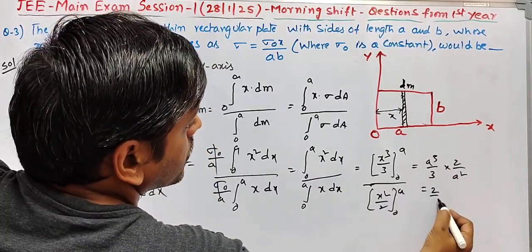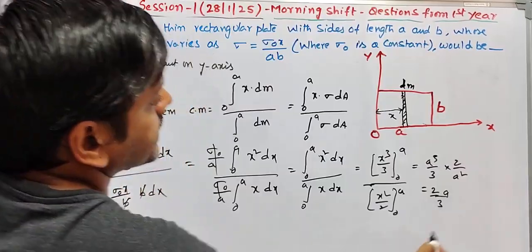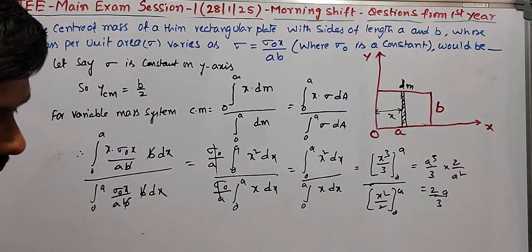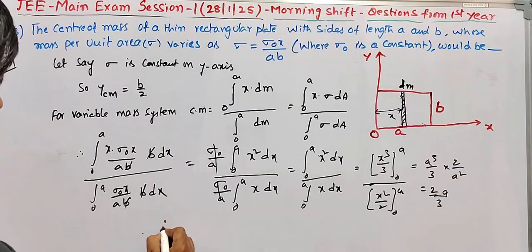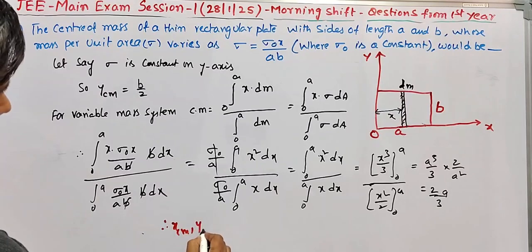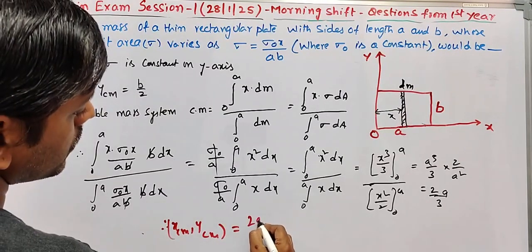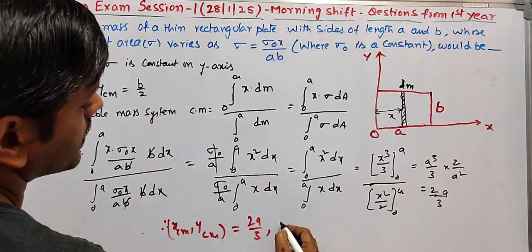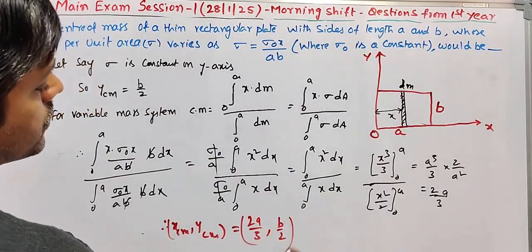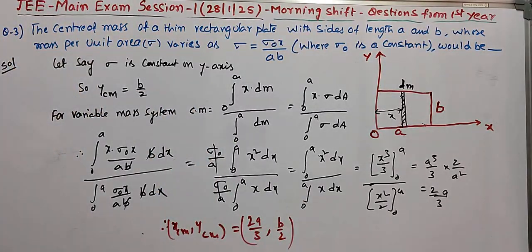So that equals 2A by 3. So the components are, therefore, x center of mass comma y center of mass coordinates are equal to 2A by 3 comma B by 2. So this is the answer for this question.